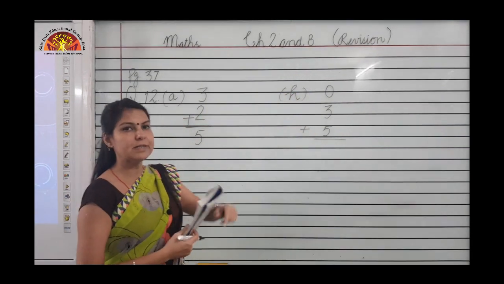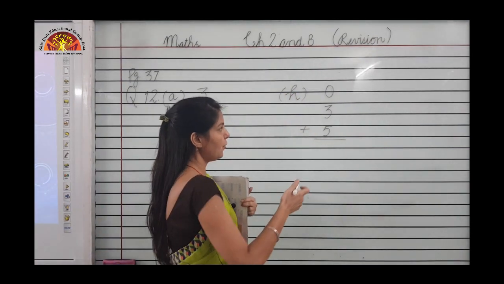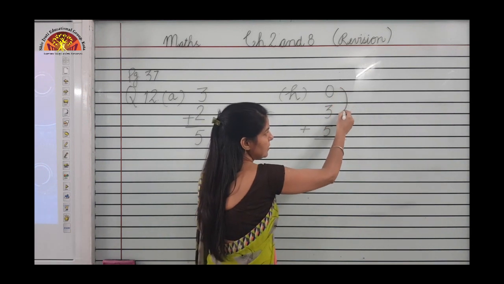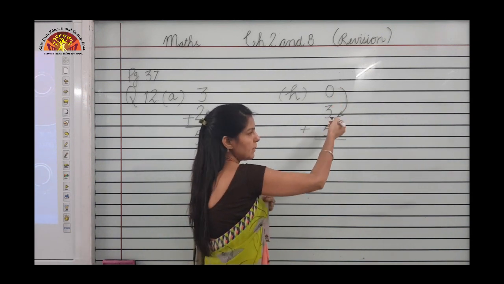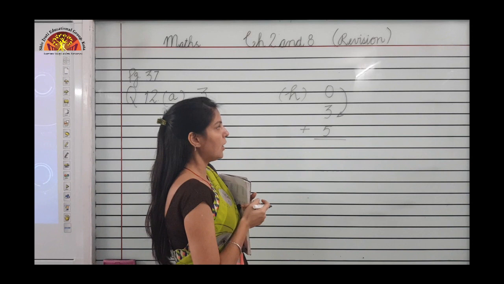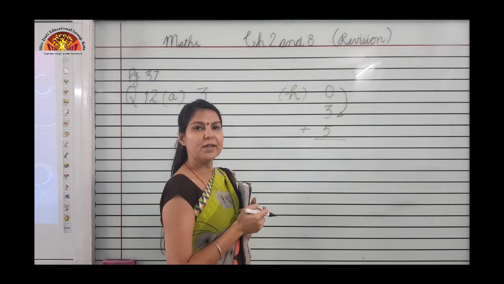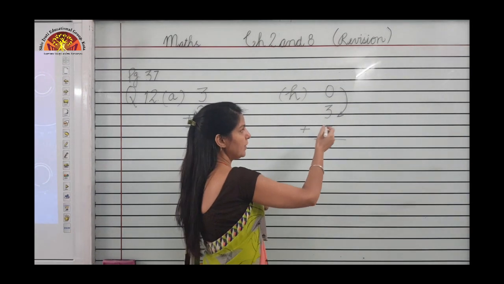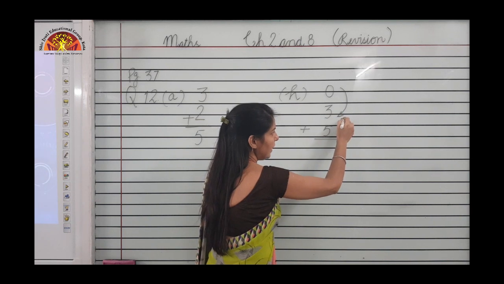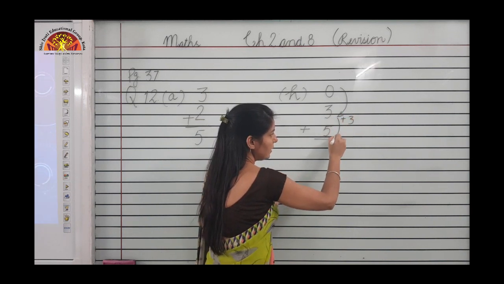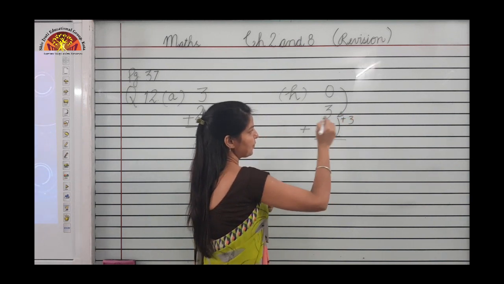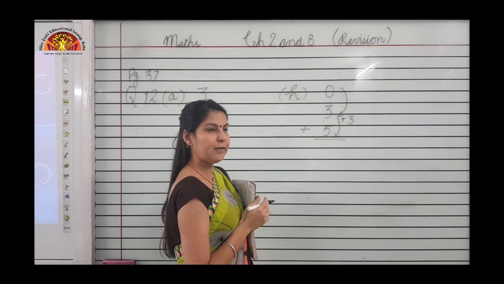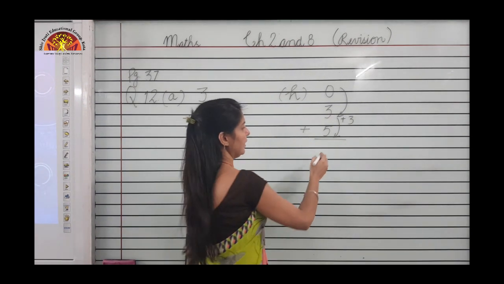Now we will add these 3 numbers. So first of all we will add the first two numbers. 0 plus 3 will be 3, and after getting 3 we will add this 3 to 5. So what will we get after adding 3 and 5? We will get 8.